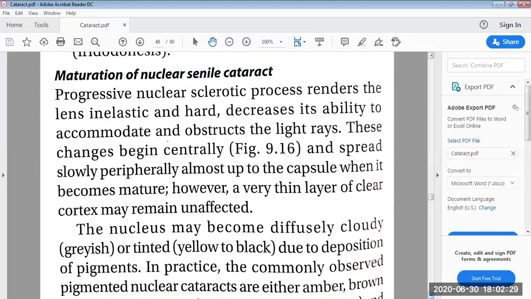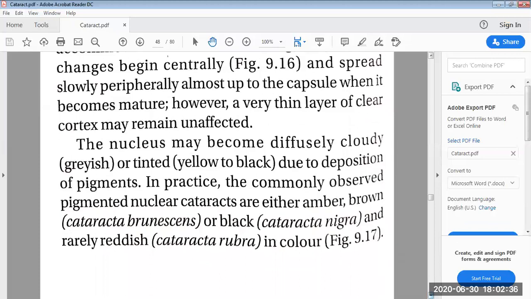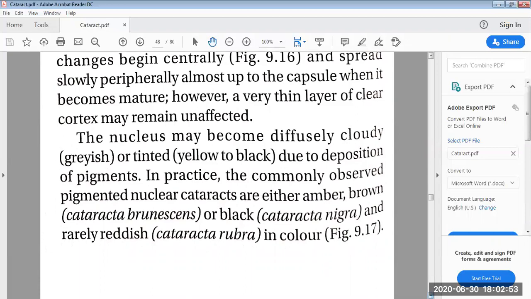However, a very thin layer of clear cortex may remain unaffected. The nucleus may become diffusely cloudy, grayish, or tinted yellow to black due to deposition of pigments. In practice, the commonly observed pigmented nuclear cataracts are either amber brown cataracta brunescens or black cataracta nigra and rarely reddish cataracta rubra in color.